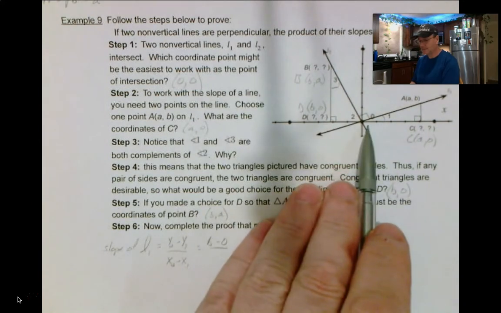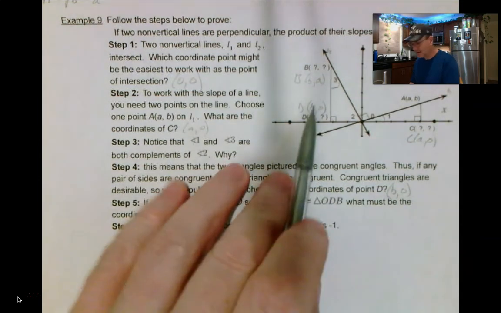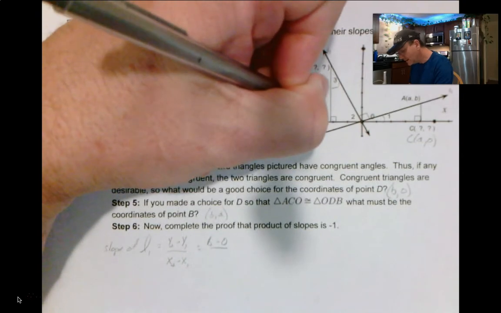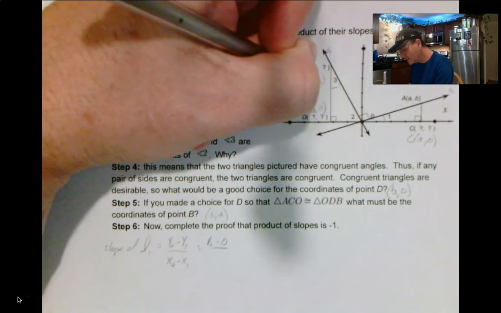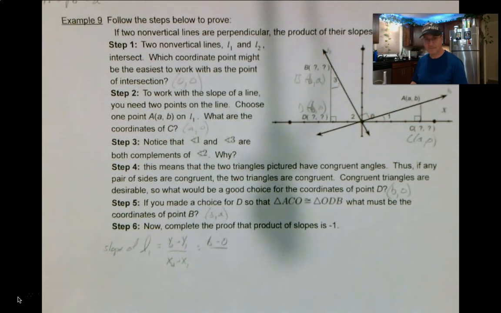a minus 0. Oh, my mistake. Small mistake, but still a mistake. This isn't B, this is -B. Silly, sorry about that. -B, -B. That'll make a difference in a minute.